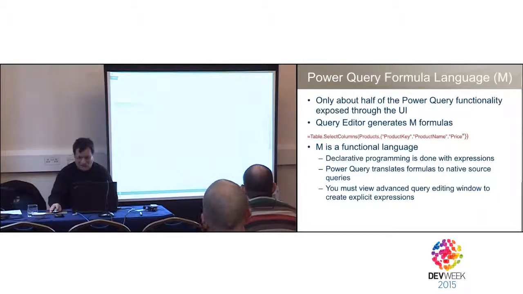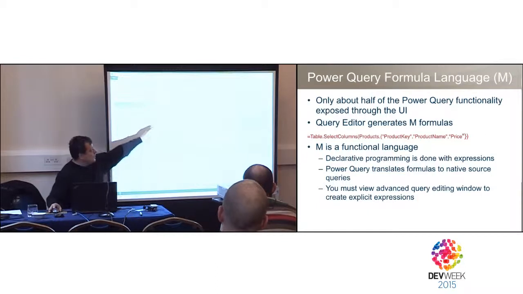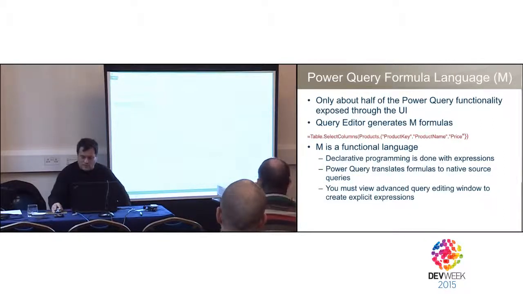I will go just to the first one and check it. This is what I need. I have countries, I have population, and some other pieces of data. I can just load this, or I can go to the Power Query window and edit this query.